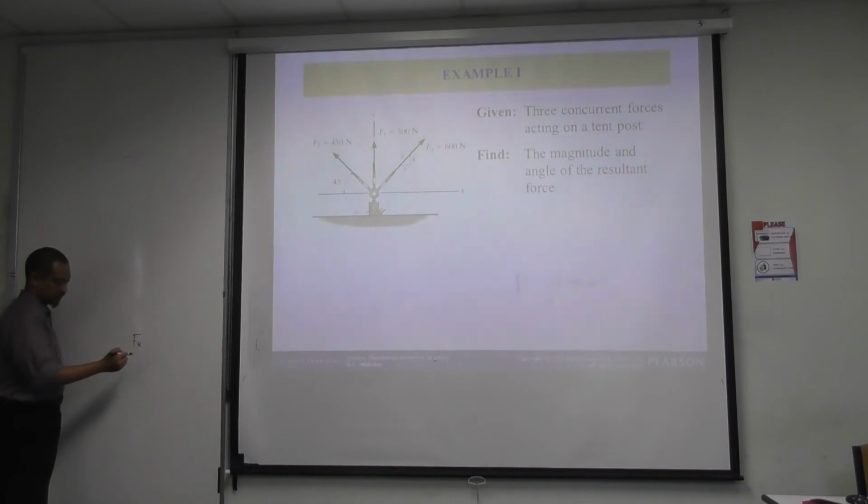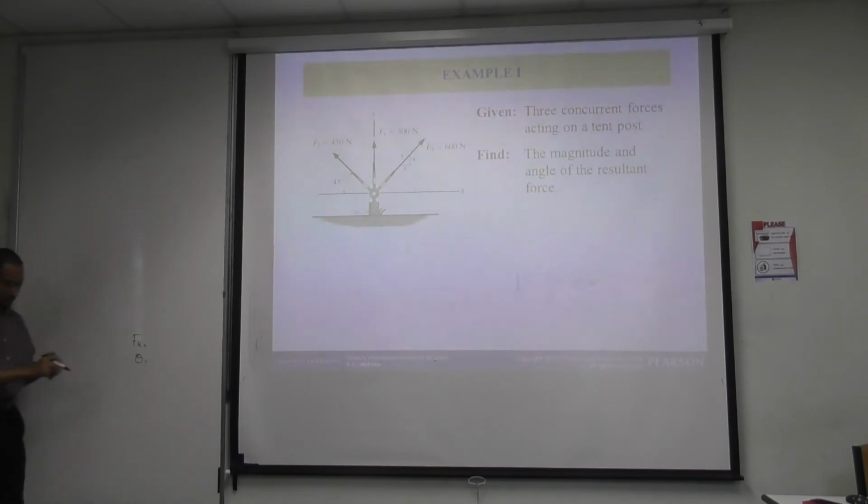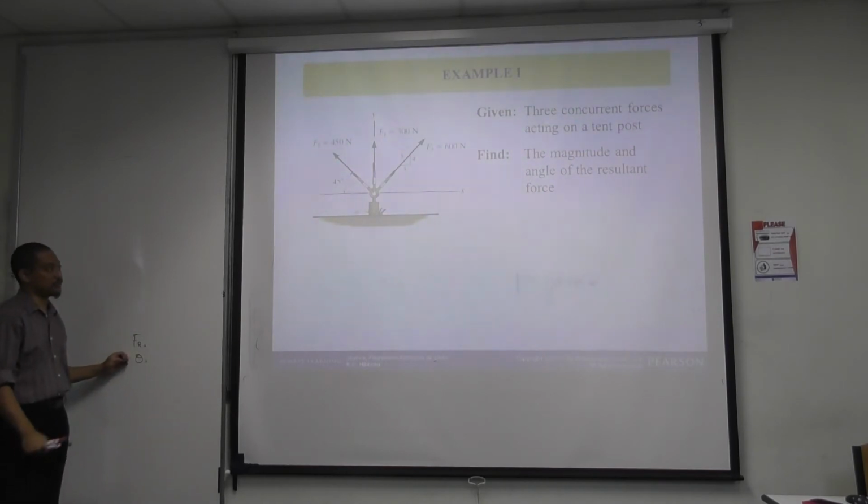FR, is it? Anything else? And theta, right? Some of you did not even know this was the final answer. So the first step is to understand that this is the final destination of this solution, and we need to establish this.